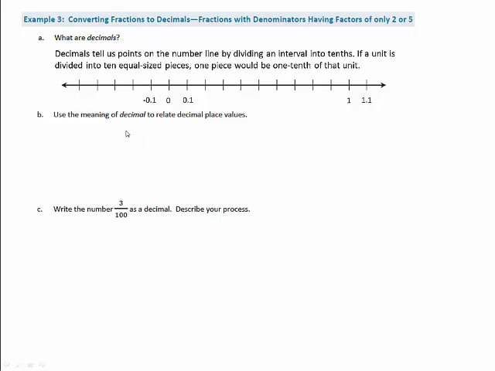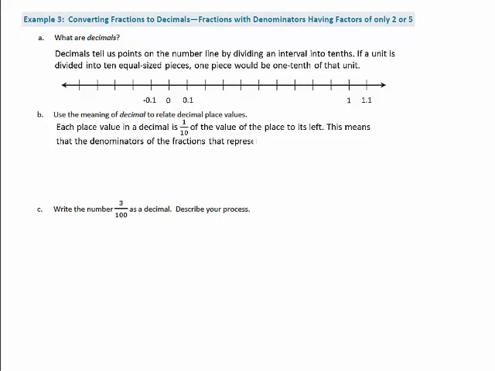If I talk about the word decimal to relate decimal place values, each place value in a decimal is 1/10 of the value of the place to its left. So the denominators of the fractions that represent each place value must be powers of 10. So 1/10 of 1/10 is 1/100th, or 10 times 10. And 1/10 of 1/100th is 1/1000th, or 10 times 10 times 10.